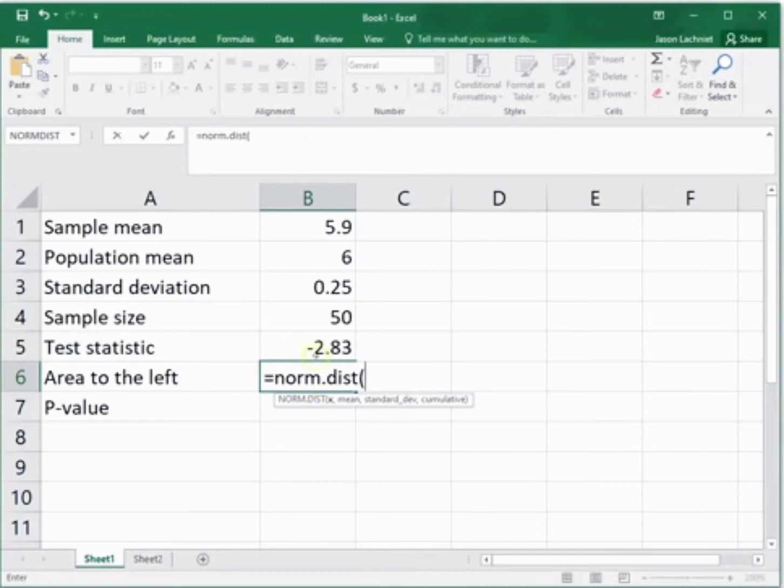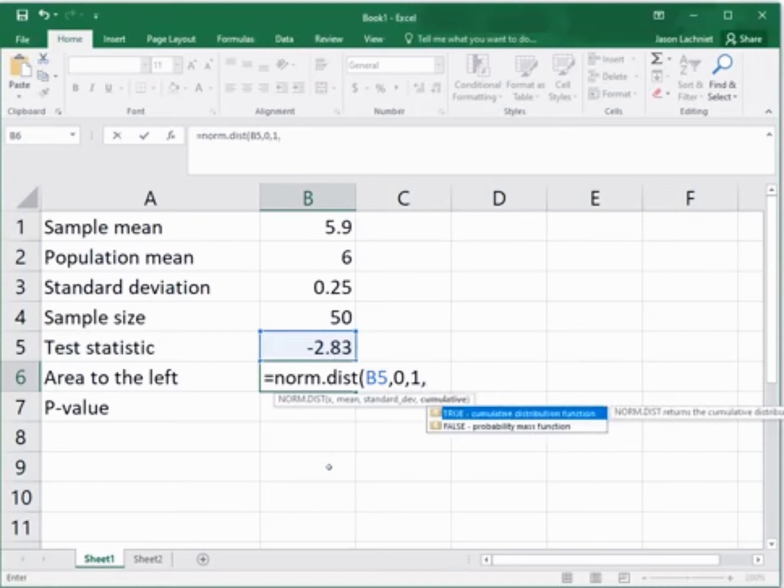I give it that test statistic as my input value, and then because we've standardized to z-scores, we're really working with a standard normal distribution, mean 0, standard deviation 1, and we always choose the option here true.